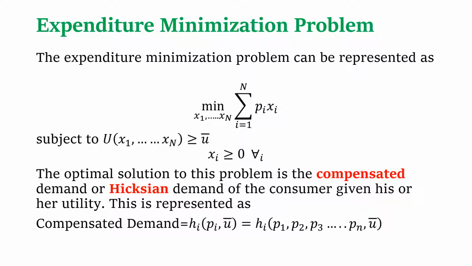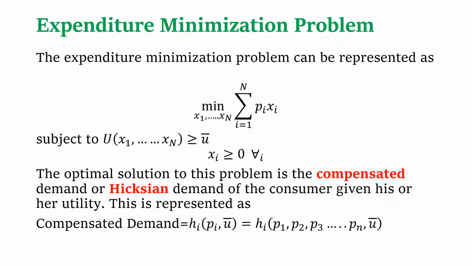It is not minus 2 bottles of lemonade. So all the goods that we consume are positive amounts. They can never be negative.